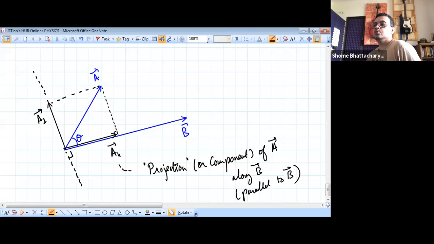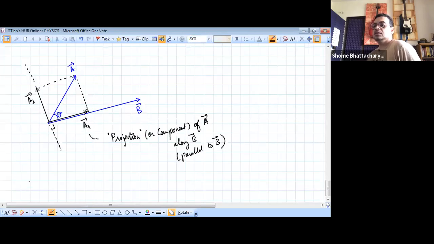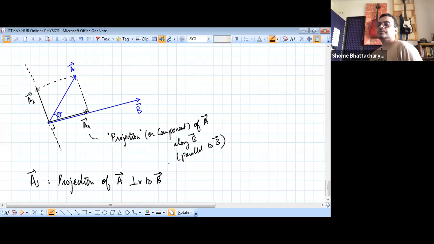So these are the two projections of A with respect to the vector B. So A perpendicular is the projection of vector A perpendicular to vector B. And A parallel is the projection of A parallel to the vector B. Okay. So understood the meaning of these two.